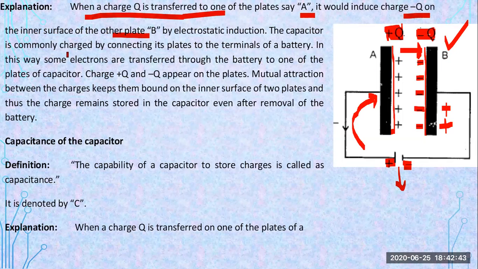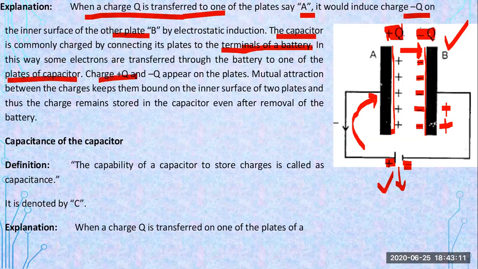So commonly the capacitor is charged by connecting its plates to the terminals of a battery. We have connected these plates to the terminals of the battery. In this way, some of the electrons are transferred through the battery to one of the plates of the capacitor, like in this case, the positive plate.